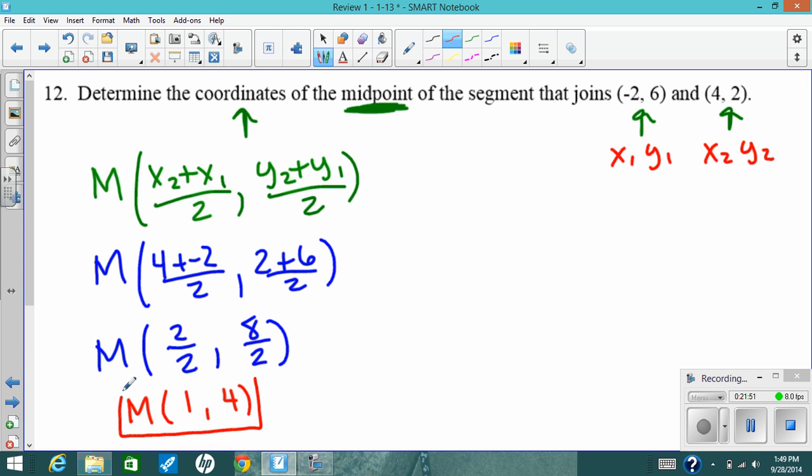So the midpoint is 1, 4. Notice I simplified 2 divided by 2 and 8 divided by 2. I don't have an equal sign. M is just the name of the coordinate, and I have an x value and a y value in coordinate form. That's a point that is right in the middle of these 2 points.